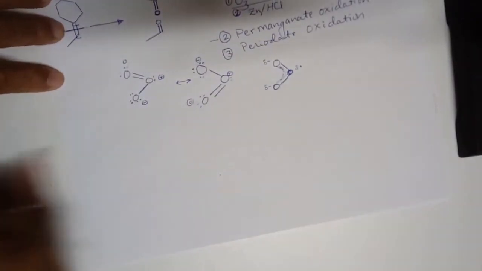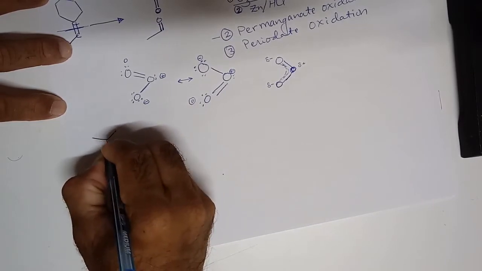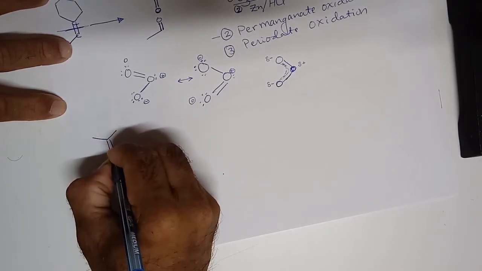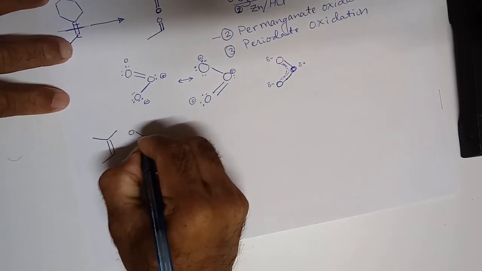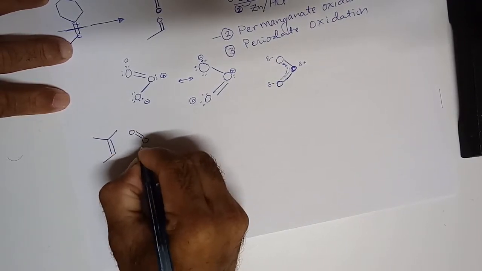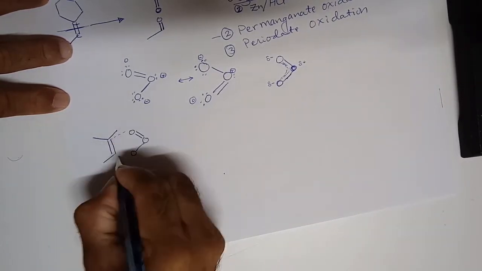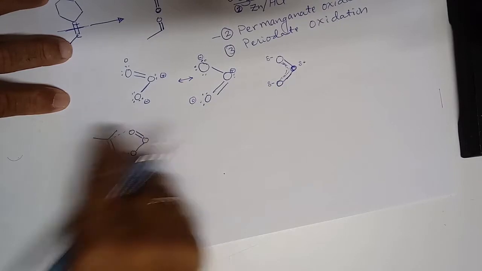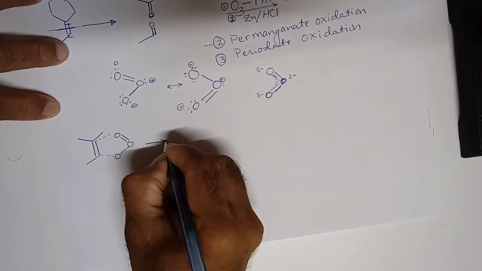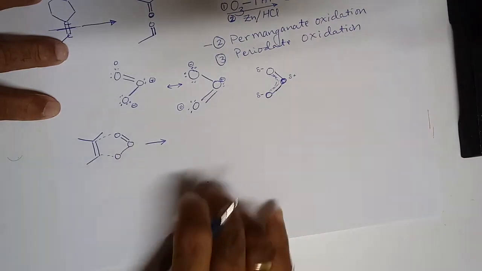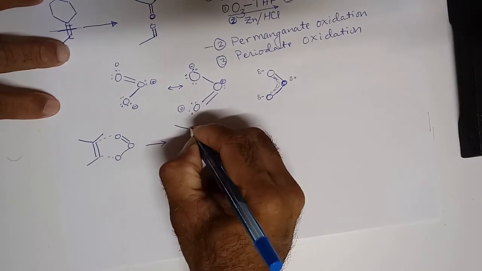People have not understood the real mechanism for this, but there is a clear indication that ozone does some stepwise processes. It is going to form a five-membered ring in stage number one. I don't know how much evidence there is, but these are reported in the literature and sometimes written in the book.